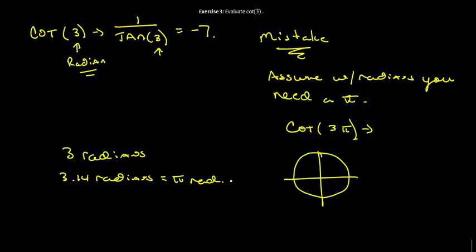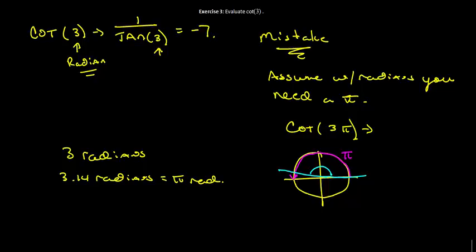And we know pi radians is half a revolution. So there it is. That's pi radians. So 3 radians must be very close to pi radians, so just a little bit less. So if we look at that angle, it's going to look something like that.